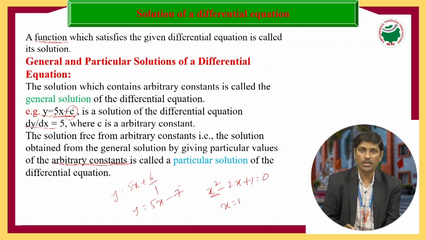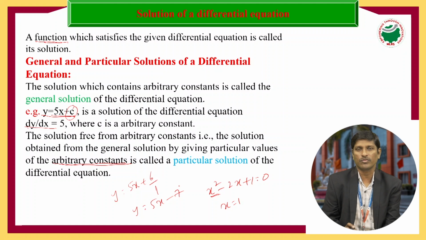These are the two things we are going to learn in this particular unit: general solution as well as particular solution. A general solution must consist of arbitrary constants, and the number of arbitrary constants should be equal to the order of the differential equation. If the order is 1, then the arbitrary constant must be 1.